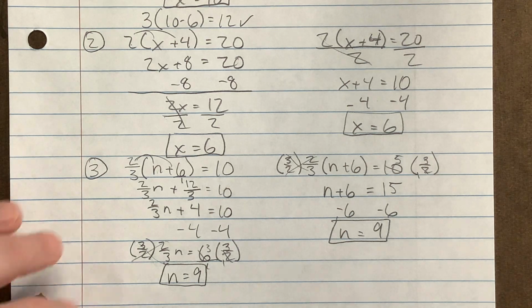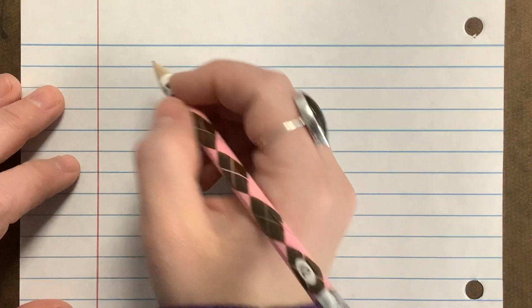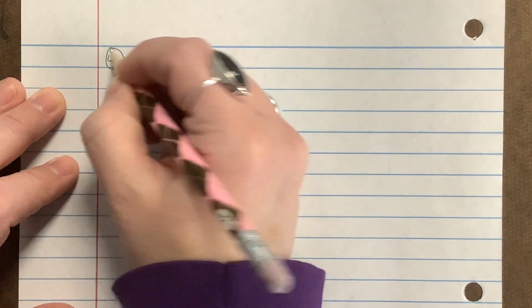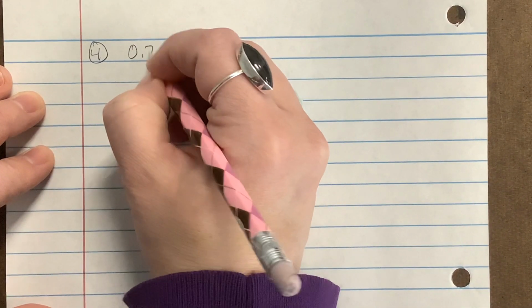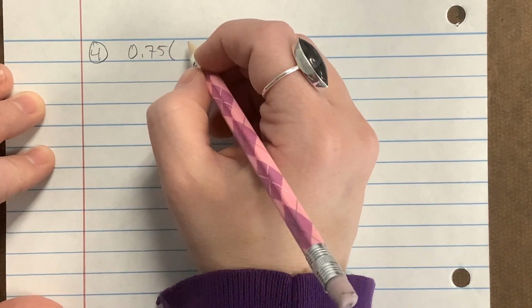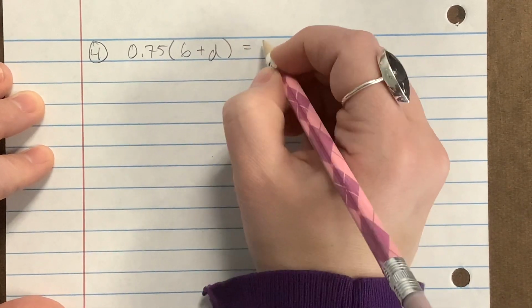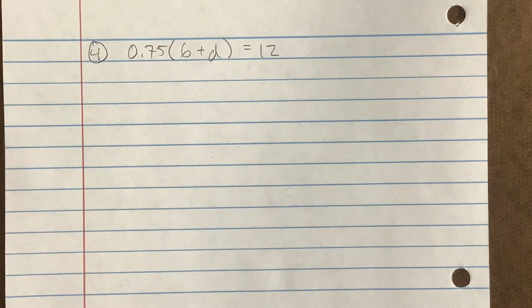Okay? When we have decimals on the outside, either method works. So 0.75 times (6 plus D) equals 12. Okay, so this one works either way.